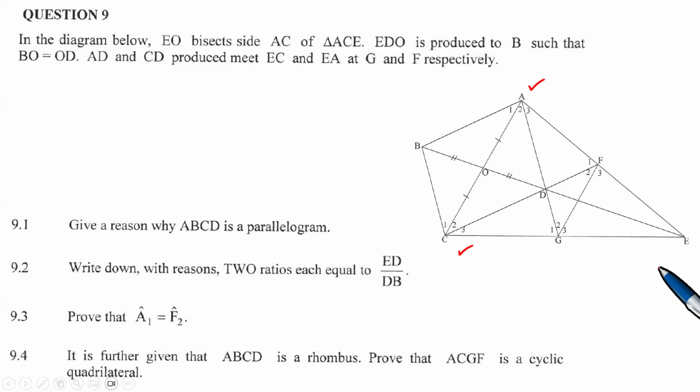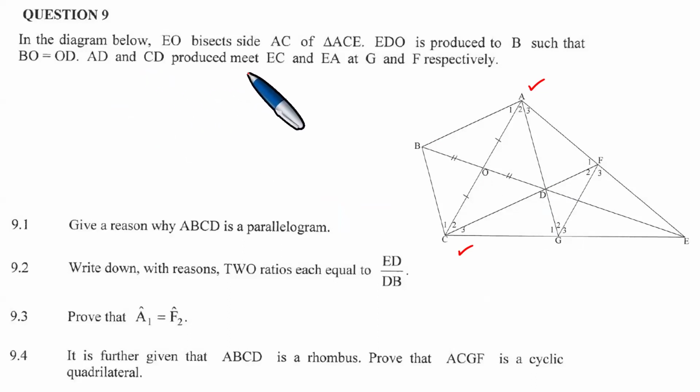We can really see that EO bisects because this length here is equal to this length there. EDO is produced such that BO equals OD.